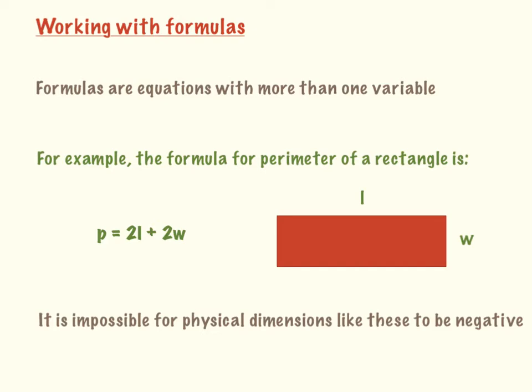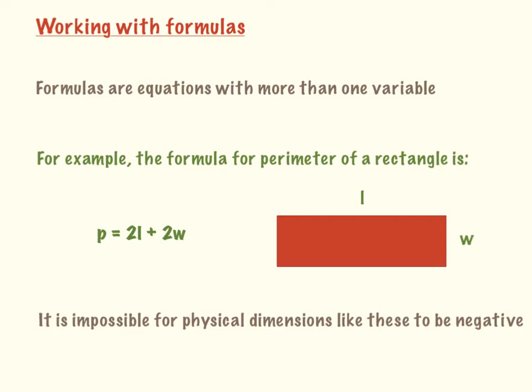Now, one last little note I want to make is that it's impossible for these dimensions to ever be negative. Does it ever make sense to say that the length of a house is negative so many feet or meters, or its width, or its height? It never makes sense for these physical dimensions to be negative.